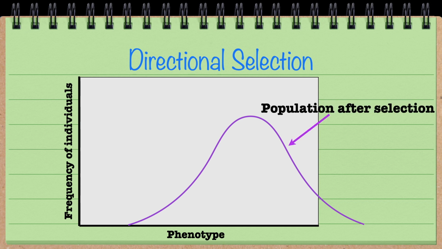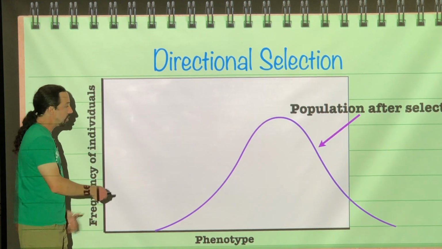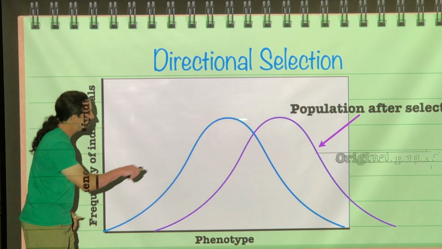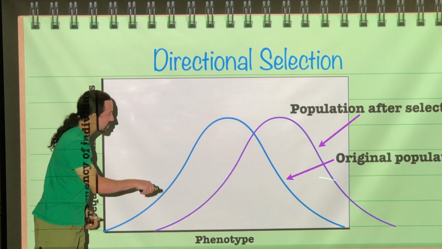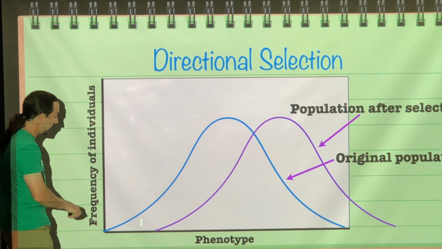One of the two extremes is going to end up being more advantageous, which means over time, our population will shift over. It will shift in a direction where the average used to be back here, but it has shifted over toward this other extreme. And now we have no organisms in this spot.